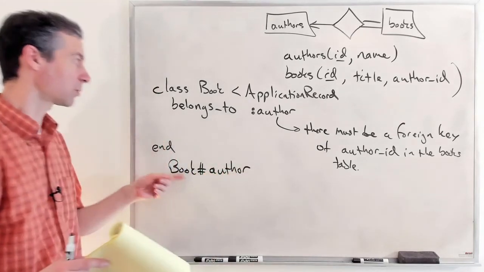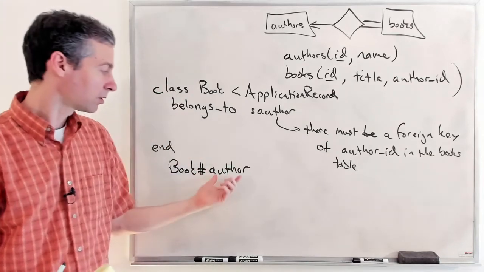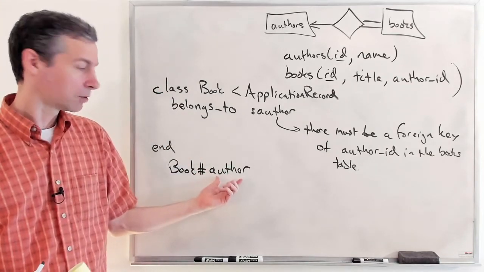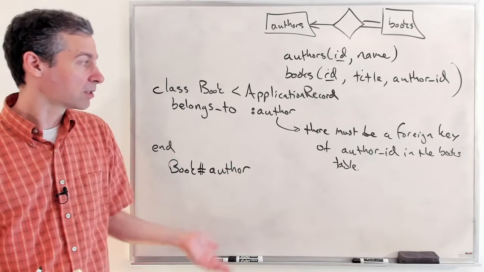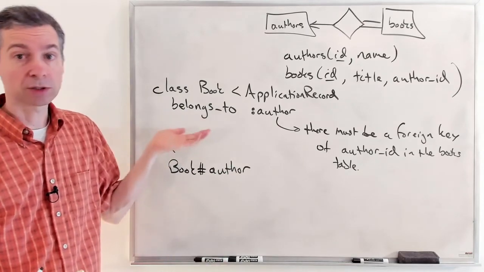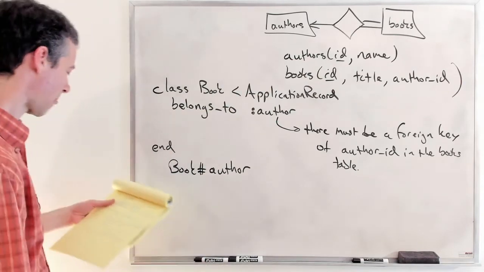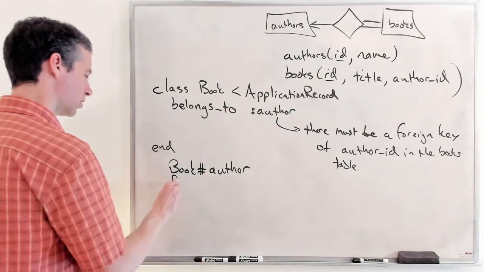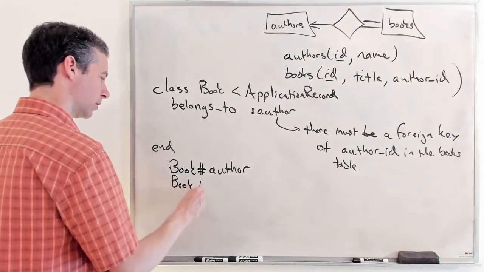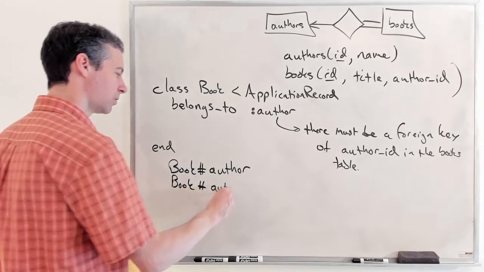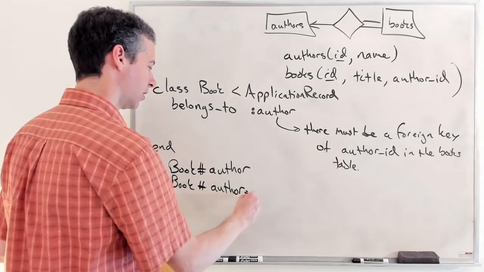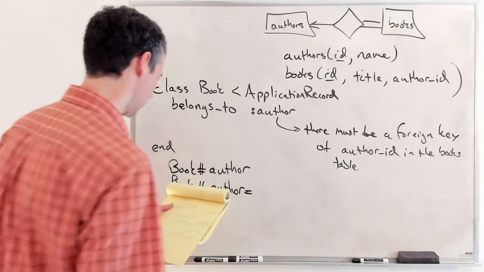So this is what allows us, when we have a book, to call an author method on it to get back the author that we belong to, that we'll always have to have, okay? Likewise, it creates a method for you called author equal, so you can do assignment of author, okay?